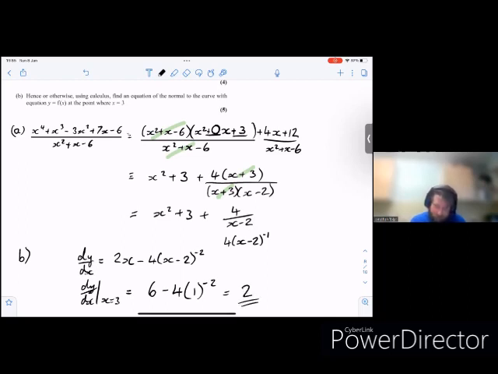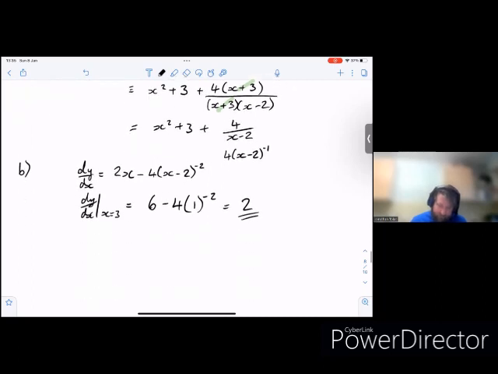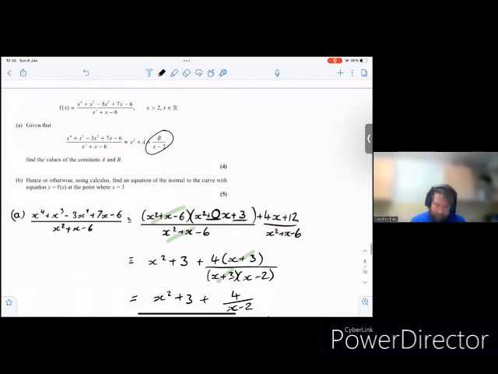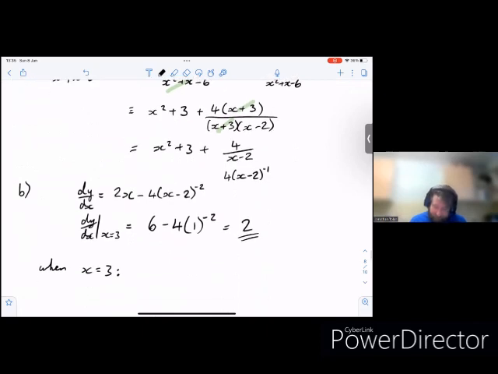And we also need the y coordinate when x is 3. So when x equals 3, okay, let's sub it into the simplified version we've got. F of x equals 3 squared plus 3 plus 4 over 3 minus 1. So that's 9 plus 3 plus 4, which is 16.